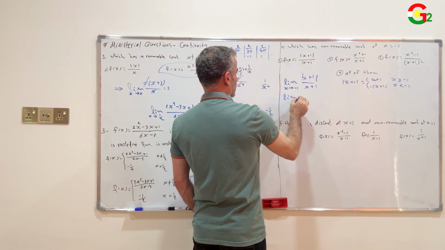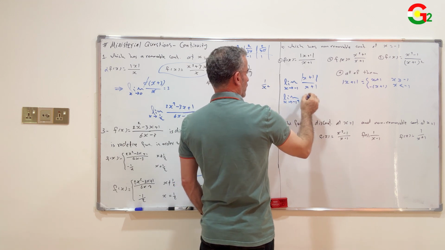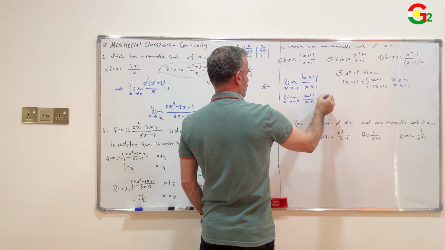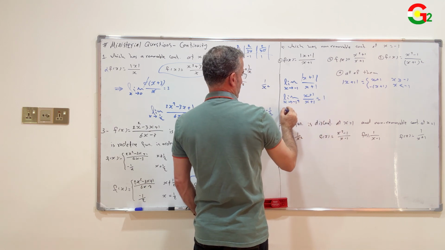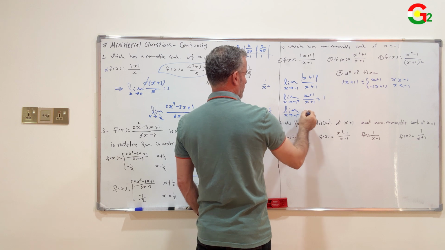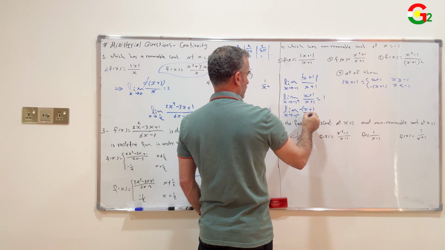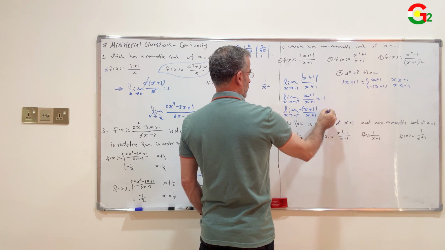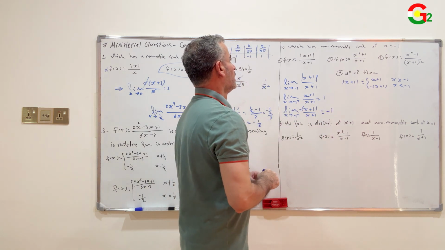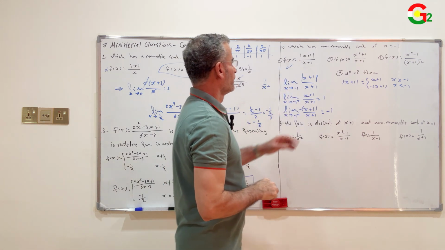Then the limit as x approaches negative 1 from the right is x plus 1 over x plus 1 equals 1, and the limit from the left is negative x plus 1 over x plus 1 equals negative 1.